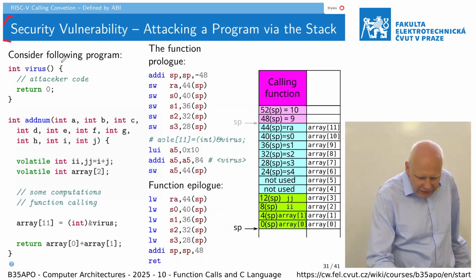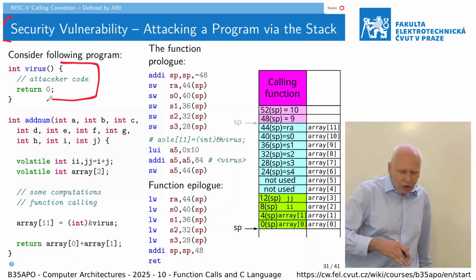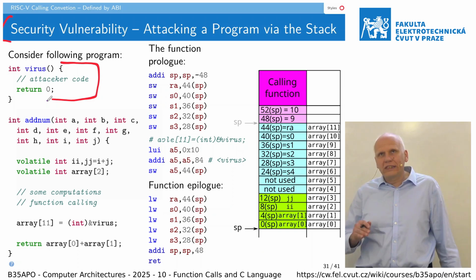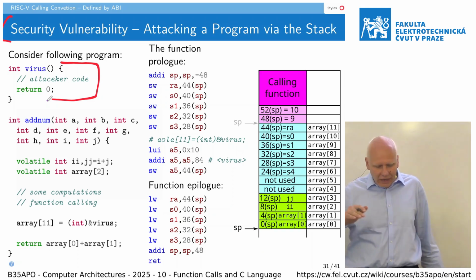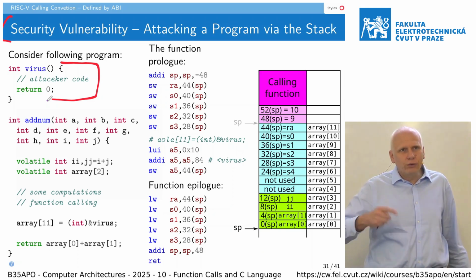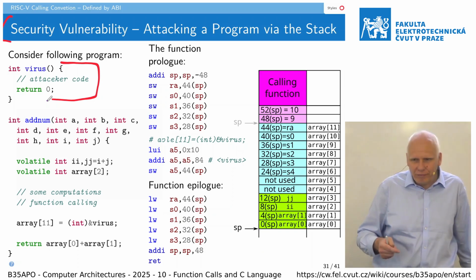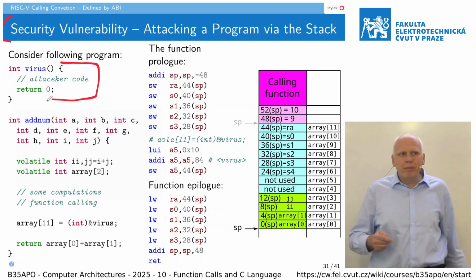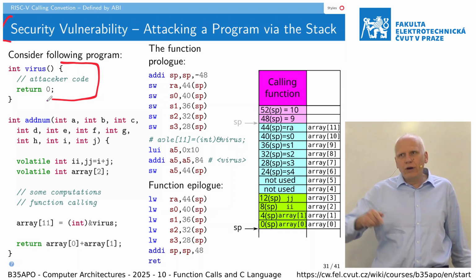If we have some way how we can insert code, or for example we know that there is some code in the given process which allows you to gain some access to the operating system. For example, there is probably somewhere a system function, which allows you to invoke the shell.